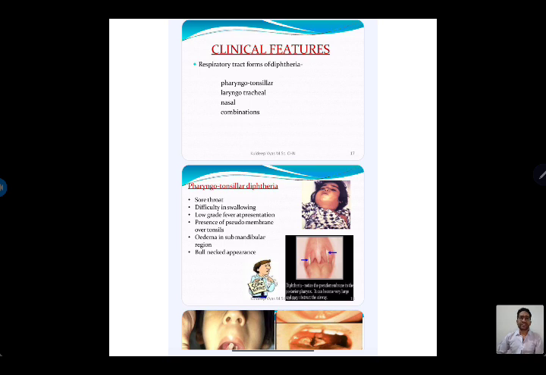Clinical features: respiratory tract diphtheria may be pharyngotonsillar, laryngotracheal, nasal or a combination. Pharyngotonsillar diphtheria: sore throat, difficulty swallowing, low-grade fever at presentation, the presence of a pseudomembrane over the tonsils, edema in the submandibular region, bull-necked appearance.